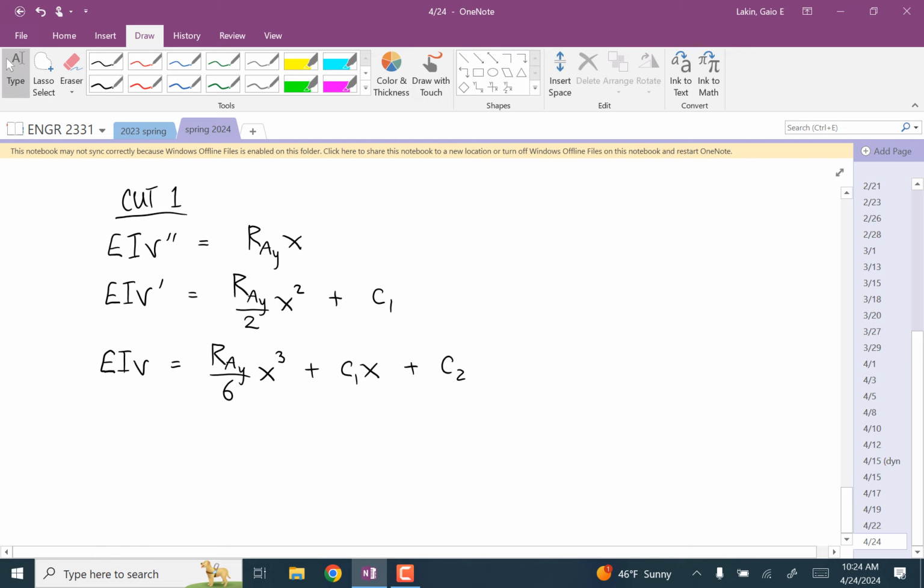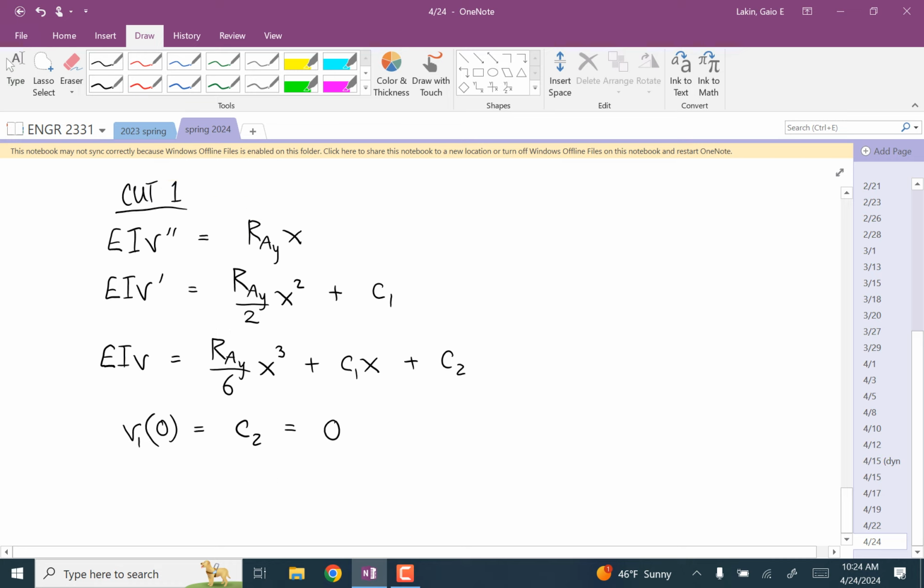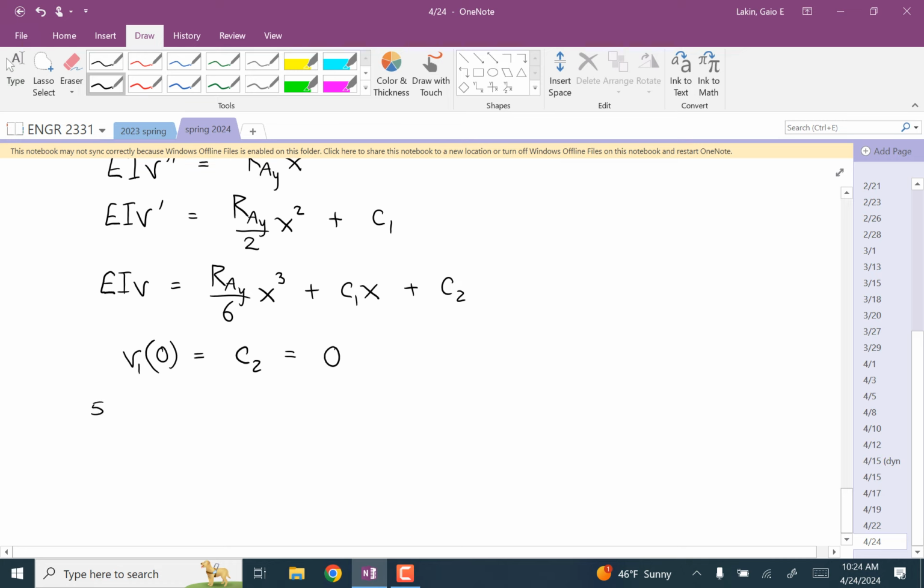And now our boundary condition that says deflection using the first cut when x is equal to 0, that's just equal to C2, and that has to be equal to 0. So our fifth equation says C2 is equal to 0. That's not much of an equation, but it's easy to use.